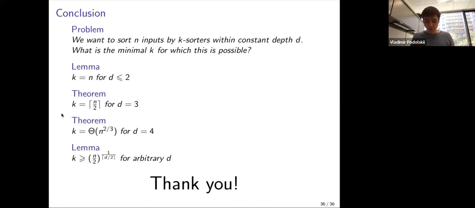Here it's not clear how to do it, because comparators are so interconnected that you cannot collapse two layers of comparators of arity k into one layer of arity k plus k squared. There is a lower bound, of course, but I do not know how to improve it.